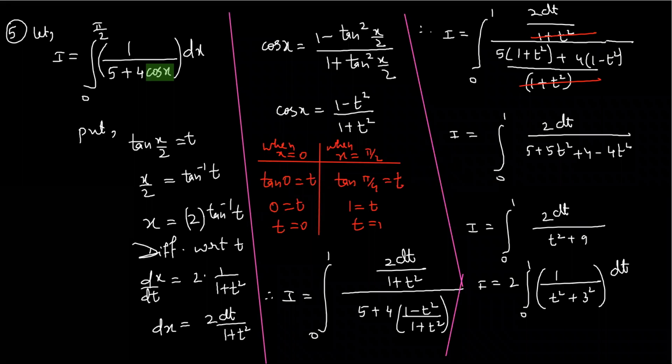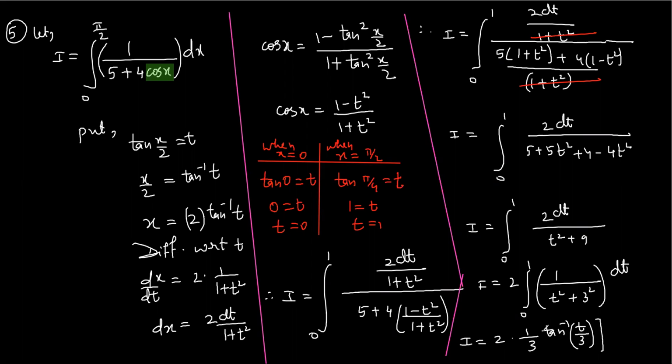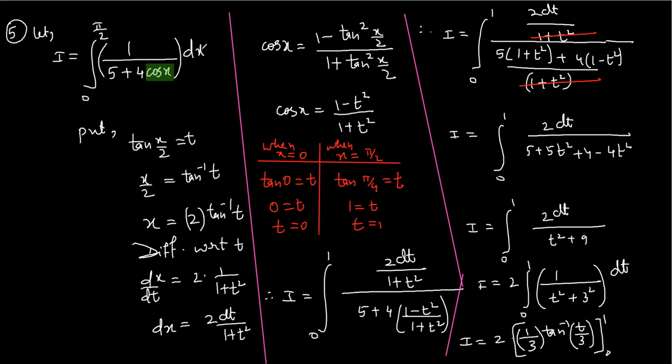So here you will have I equals 2 times 1 upon 3 tan inverse of t by 3 from 0 to 1. This 1 upon 3 can be taken out. So I equals 2 upon 3 tan inverse of t by 3 from 0 to 1.